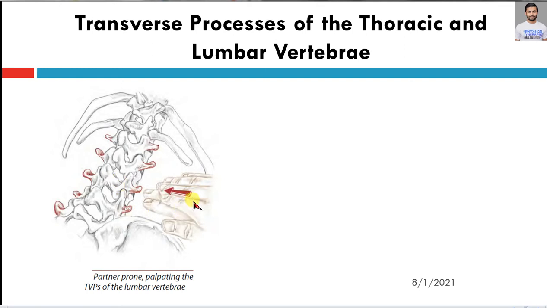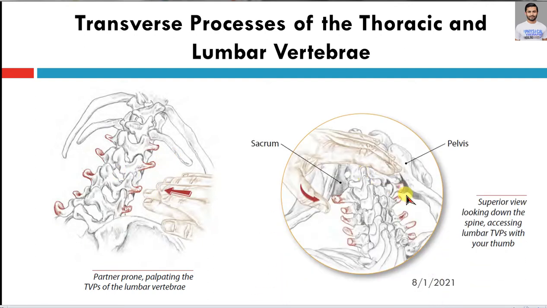When they are on their stomach, you can easily palpate for the transverse processes. And again, there are different strategies. Either you move from the midline to the periphery or from the lateral to the midline. Then here is another depiction of how from the iliac crest you can move towards the transverse process.